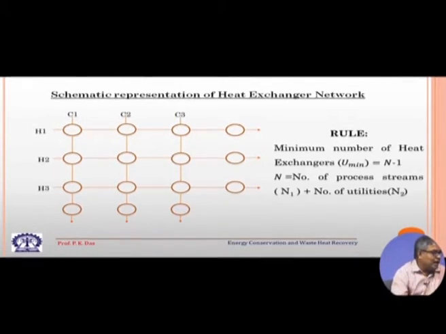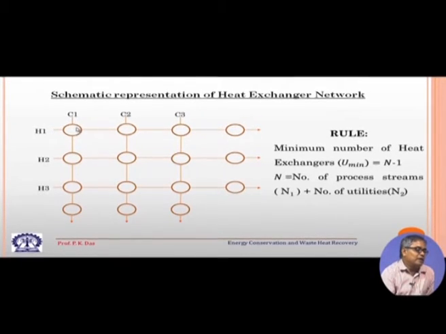So, how it is done? C1, C2, C3 are the typical cold streams represented in this figure. H1, H2, H3 are the typical hot streams represented. For C1, while achieving the target temperature it will have different heat exchangers in between.